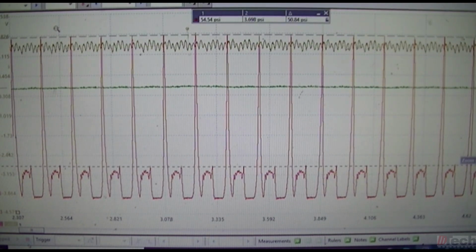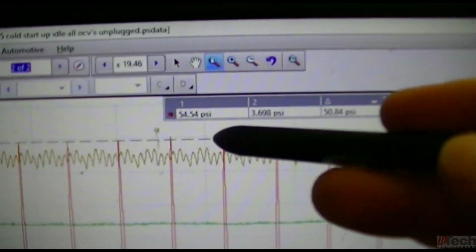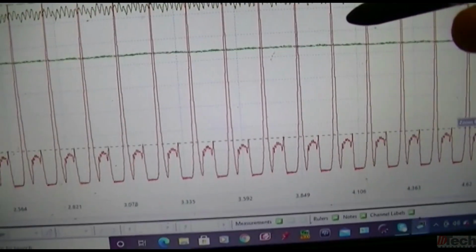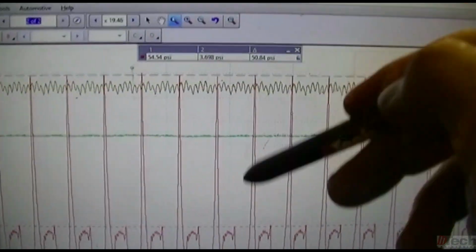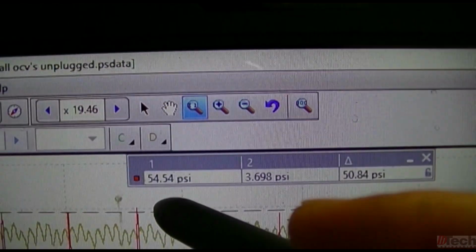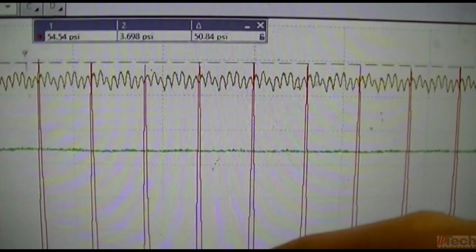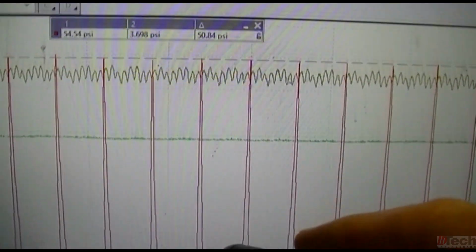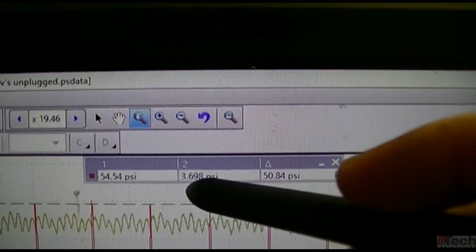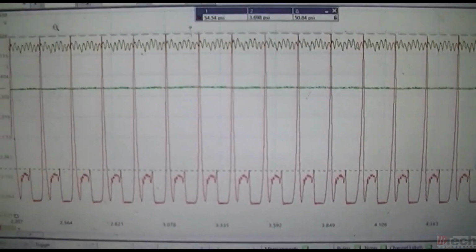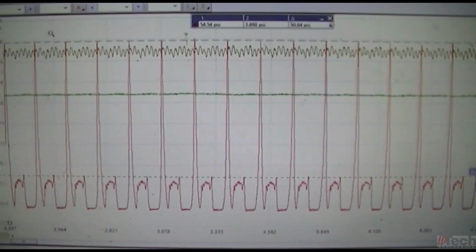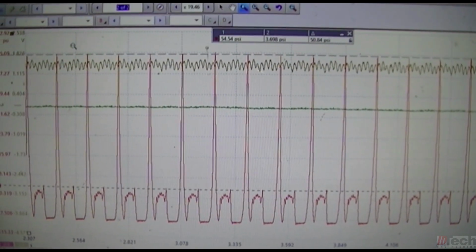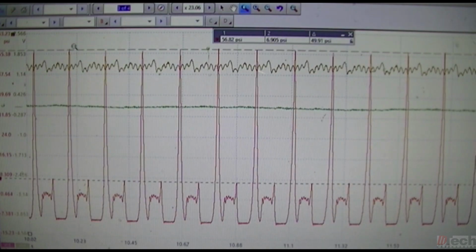Just for some figures, running compression is about 54, and the high point peak of pressure in the exhaust stroke is about 3.7 psi. So it's running at about 54 and about 3.7 exhaust pressurized.